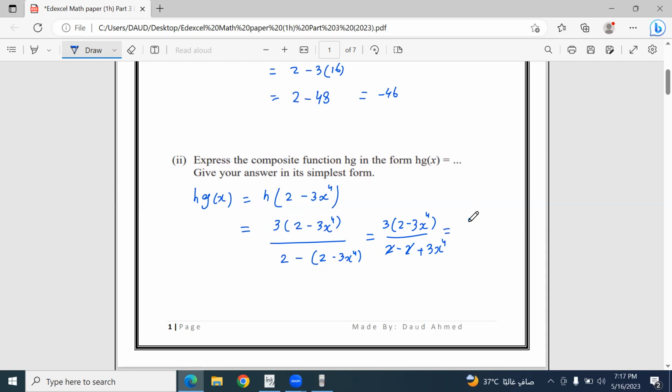The required answer is 3 bracket open 2 minus 3x power 4 over 3x power 4. Cancel 3 and 3, and lastly we can say that it is 2 minus 3x power 4 over x power 4. This is the simplest form of the composite function, which is hg of x.